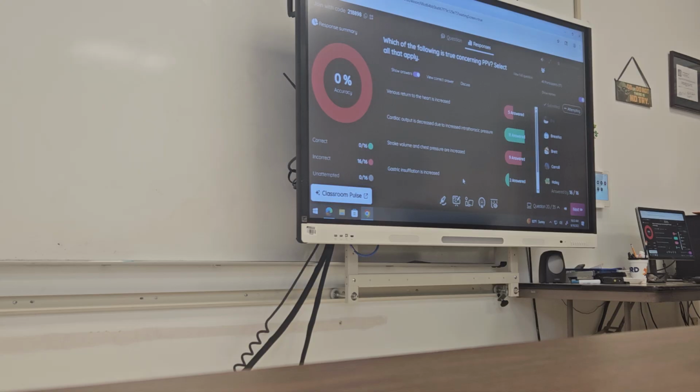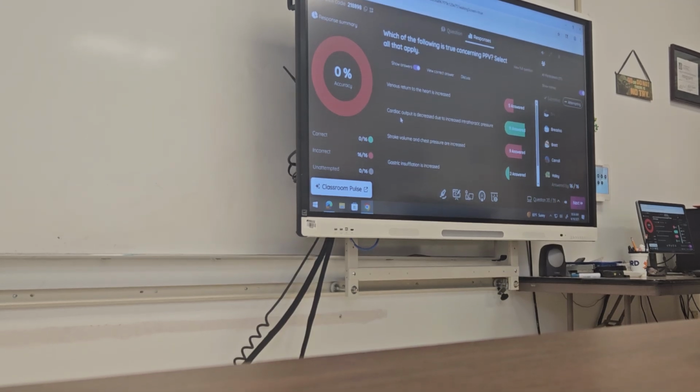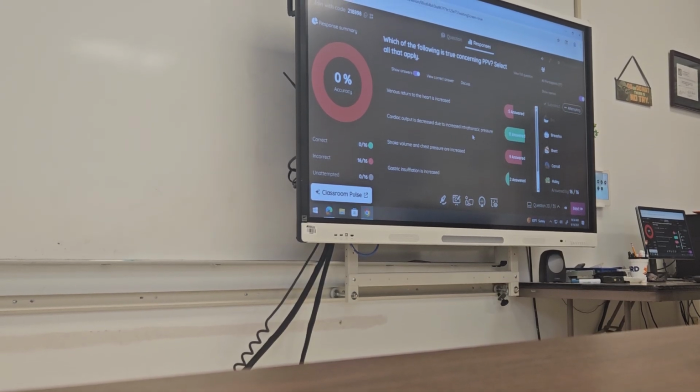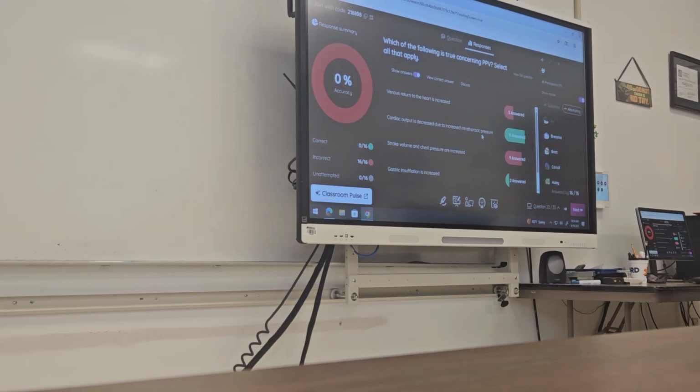And if you go too much, your patient may end up vomiting while you're ventilating them. And then we have a whole other slew of issues. But gastric insufflation is increased on positive pressure ventilation. Cardiac output is decreased because there's extra pressure in the chest, so the heart can't relax as well. And then hyperventilation and overexpansion of the lungs are possible side effects.